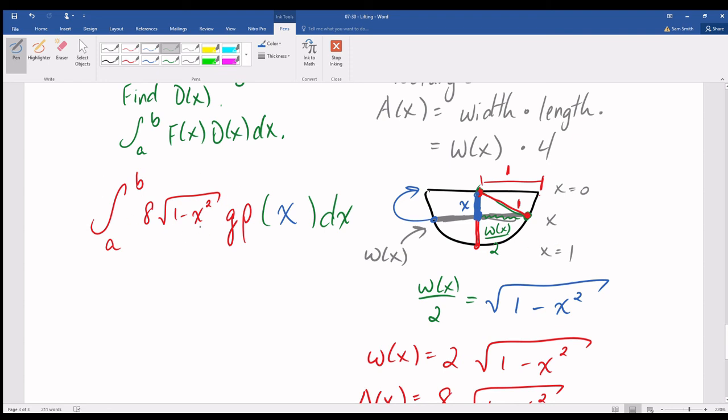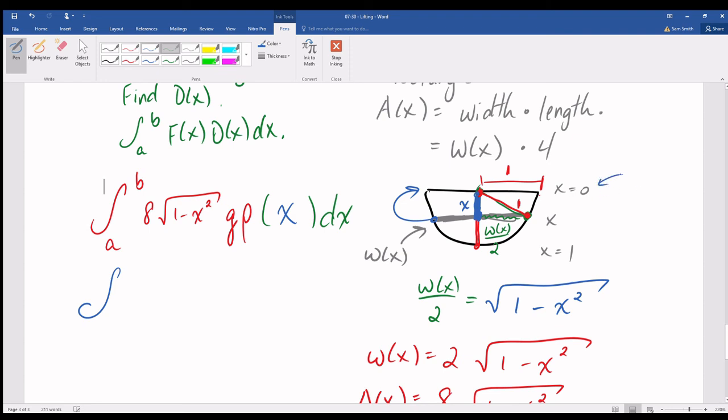Now, having established the area of each slice so that I get the force required to lift a slice, and now that I have the distance that must be traveled by each slice, I can fill in finally the limits of integration. The limits of integration tell you where the water is that you are lifting. So the lowermost water is located at x equals 0. Now when I say lowermost, be careful.